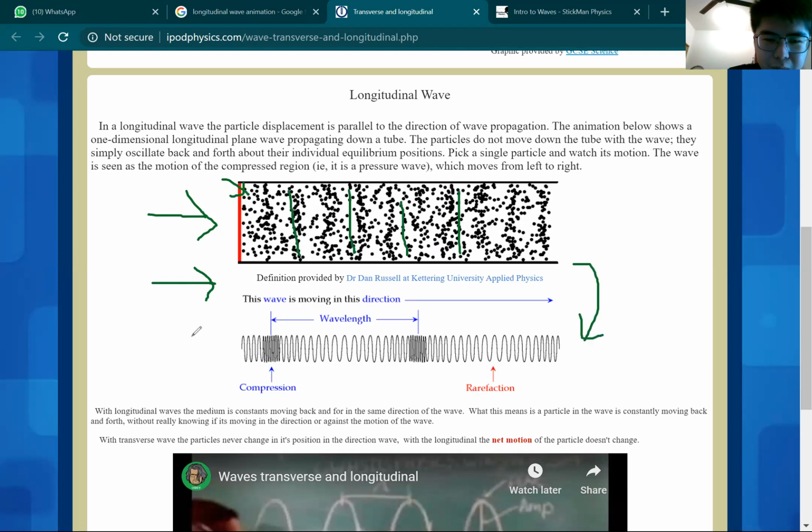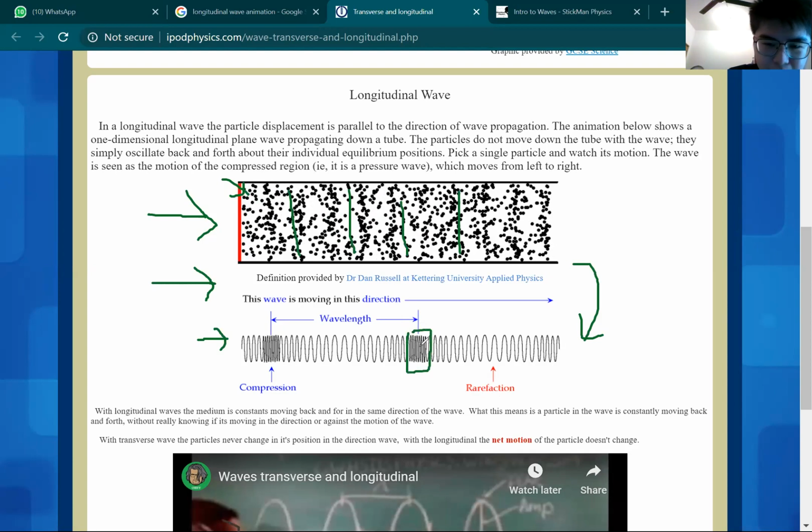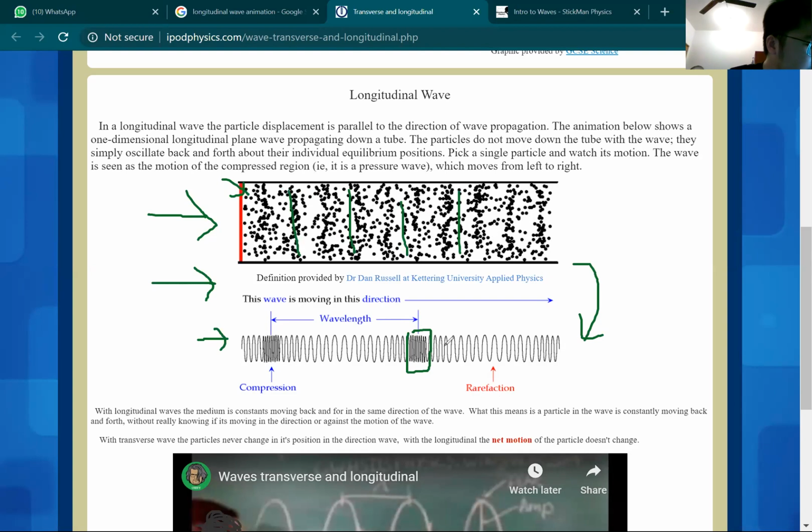Look at the diagram below, the spring. What happens when you push one end, the left end? You see there's an area where the coils are pushed together, and there's an area where the coils move further from each other, right? The region where the coils are pushed together we call compression.